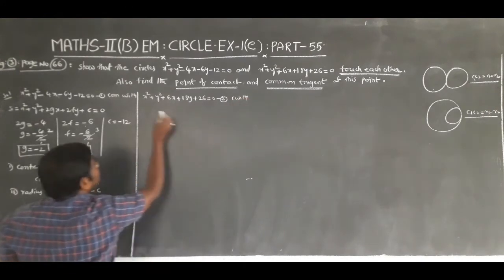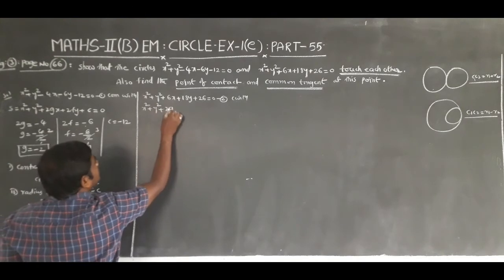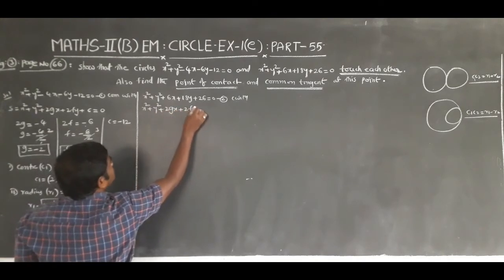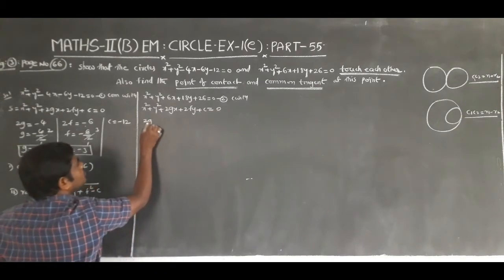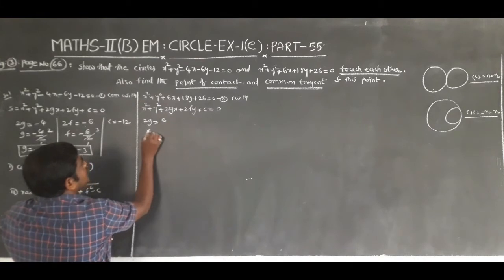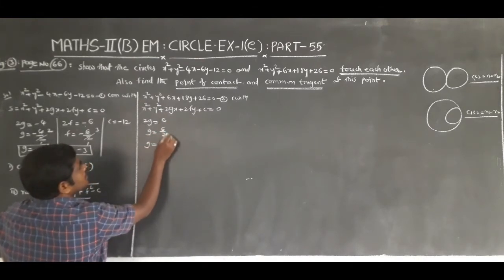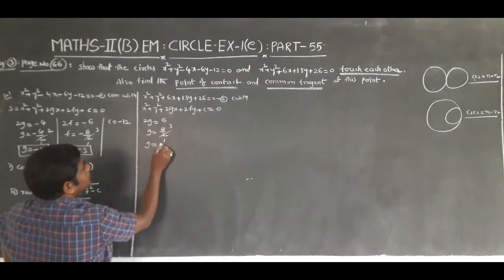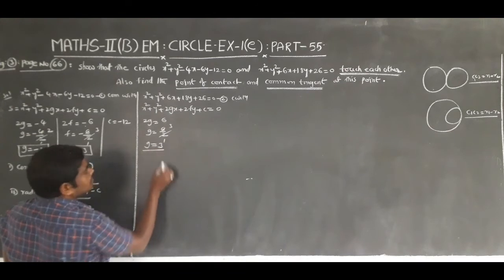Comparing with the general equation x square plus y square plus 2gx plus 2fy plus c is equal to 0, here x coefficient 2g is equal to 6, g is equal to 6 by 2, g is equal to 3.